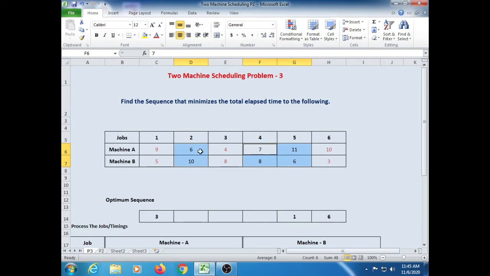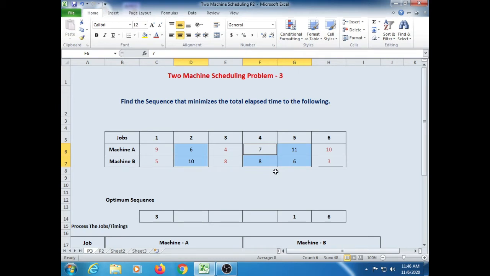Here we have a 6 processing time, and here also we have a 6 processing time. So we have two identical processing times. In this situation, which processing time do we have to take? That is the point we have to consider.